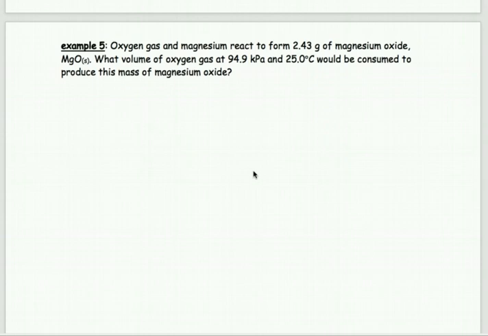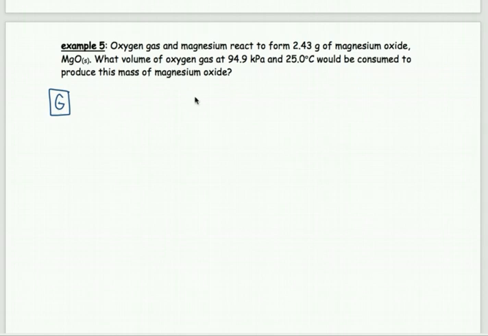Okay, so here's the last example, example 5. We have some oxygen gas and magnesium reacting to form magnesium oxide. We need to find the volume of oxygen at these certain conditions that will be consumed in order to produce the magnesium oxide that we have here.